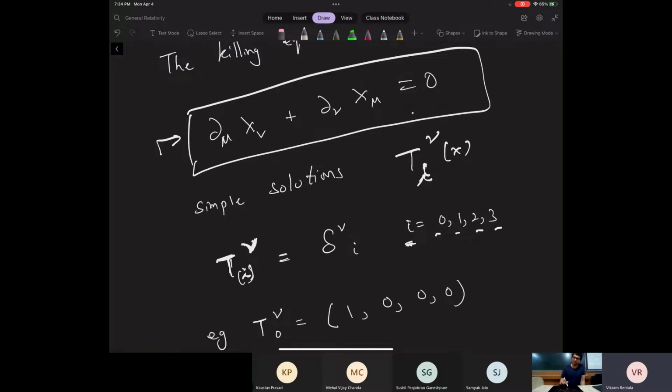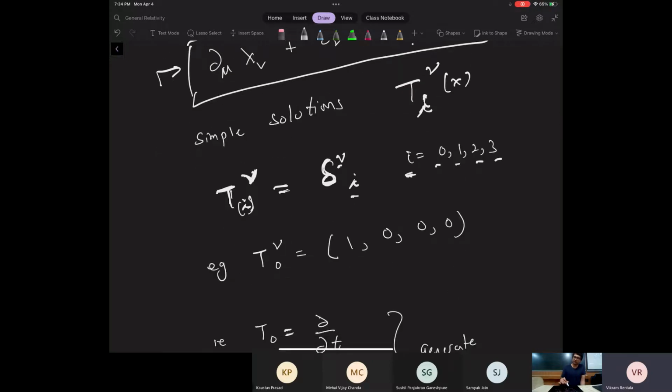So the claim is that one solution is the Kronecker delta nu I. If nu is the same as I, then this is 1. If nu is not the same as I, this is 0. So what does that mean in components? Let's take the 0 solution. We'll write out T0 nu.